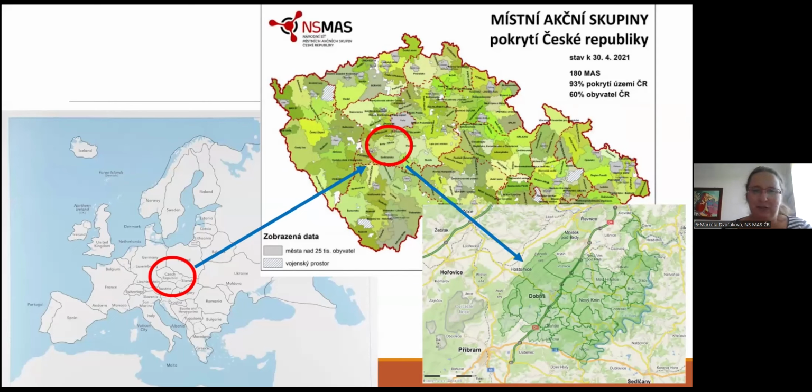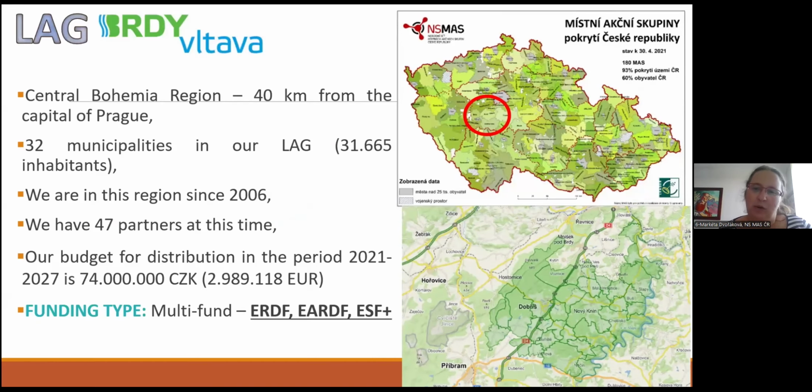Okay, good afternoon. Our LAG is in the Czech Republic, in Central Europe. As you can see, our whole country is covered by local action groups, as it was seen in the presentation you have seen before. Our local action group is in the Central Bohemian region, 40 kilometers from the capital, Prague.